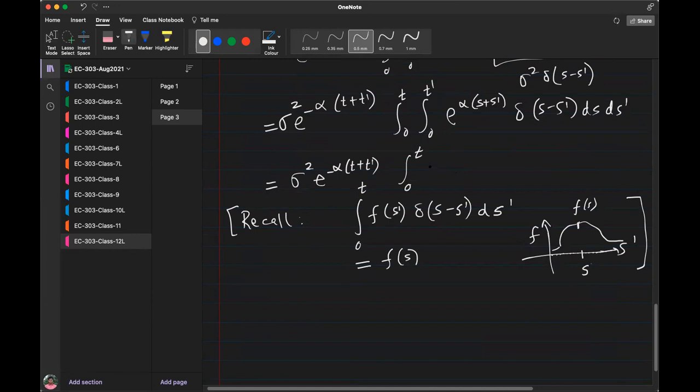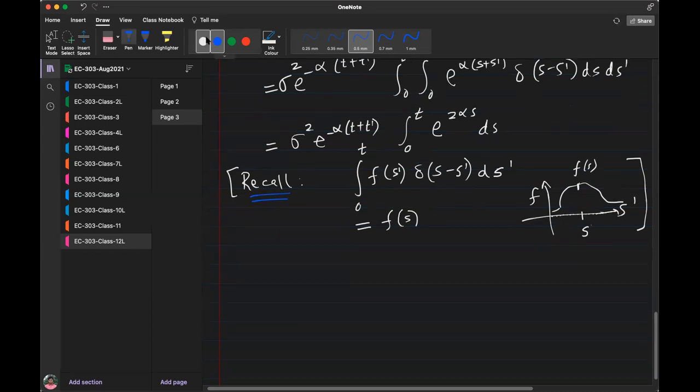The function here is e power alpha (s plus s prime), and it is to be evaluated only at one value, which is s prime equal to s. So it now becomes e power 2 alpha s ds. Basically, I have used this property of the Dirac delta function.